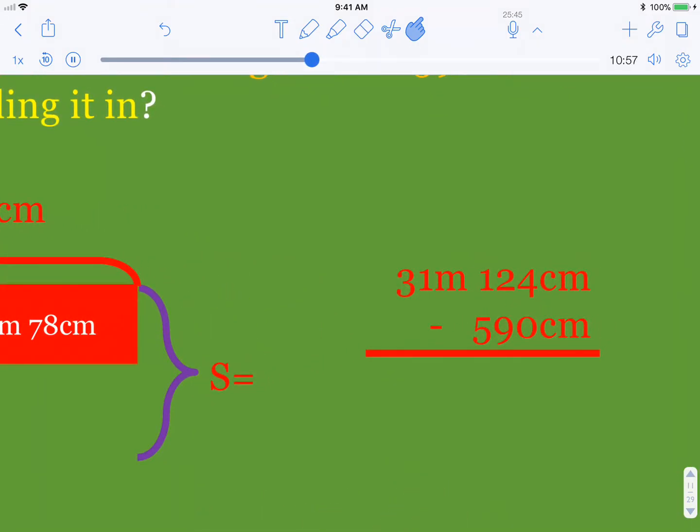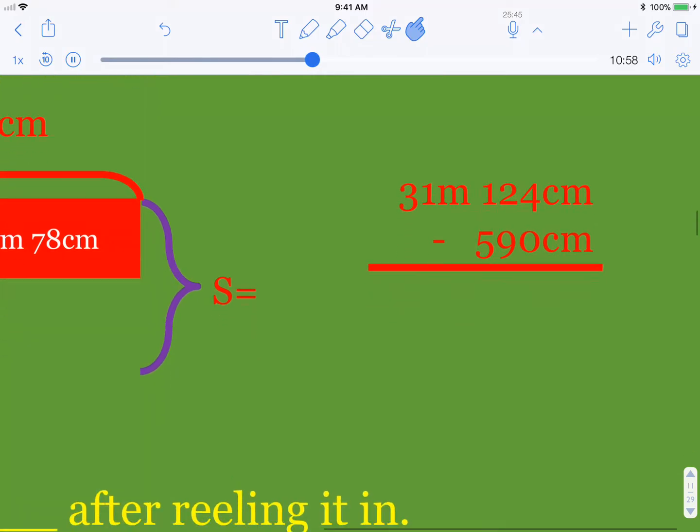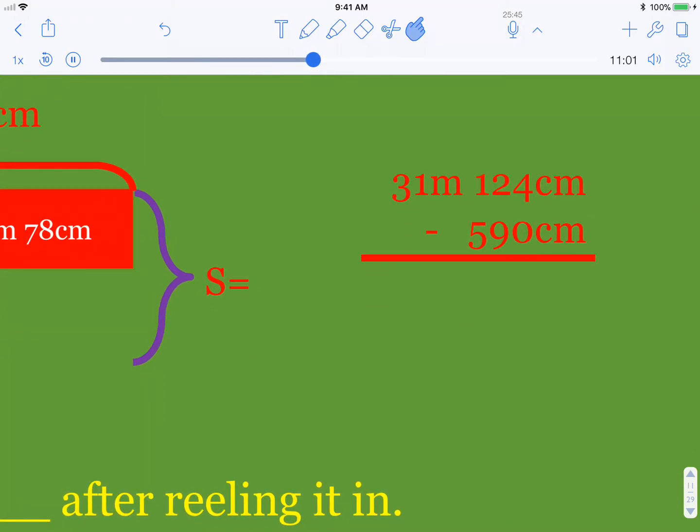Let's go ahead and change this to 32 meters, 24 centimeters. If I have 590 centimeters, that's the same as 5 meters, 90 centimeters. Now, is that easier to subtract? I think so. So let's write this out and solve this problem.